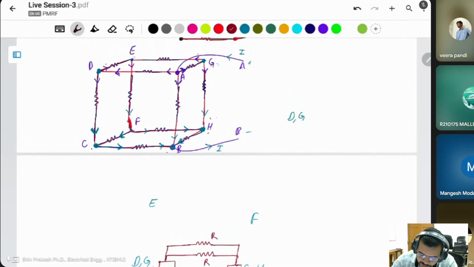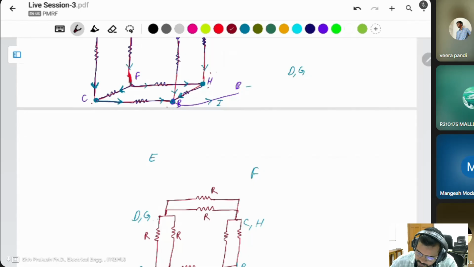The remaining E is there. The E terminal is connected to D and G. D and G are the same terminal, that's why there are also two resistances here. All of these are connected to each other.